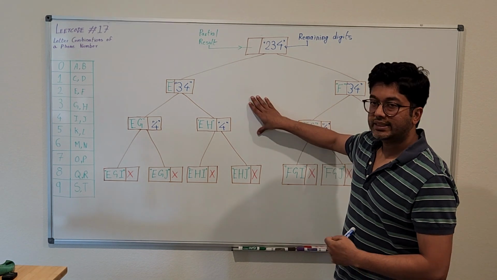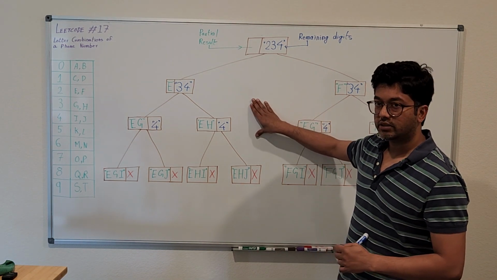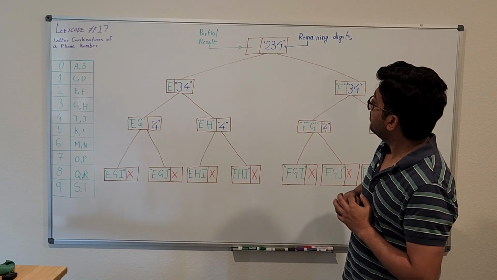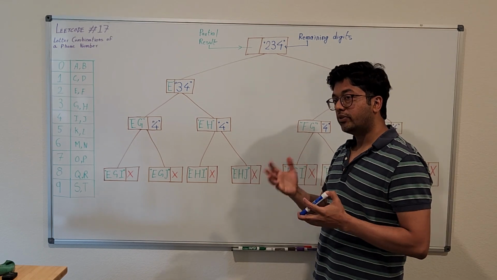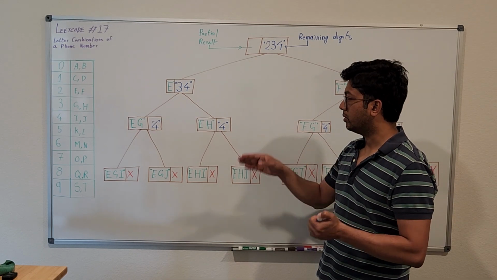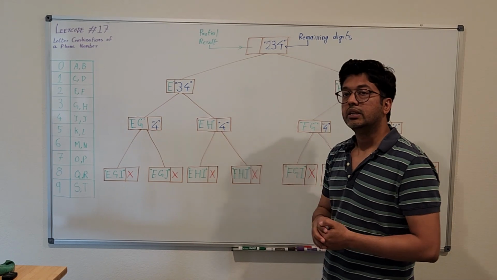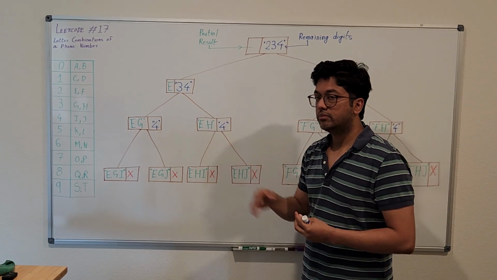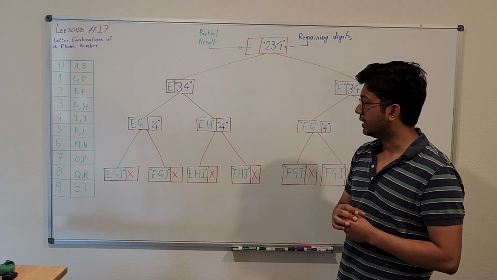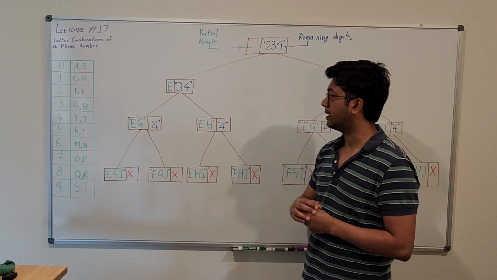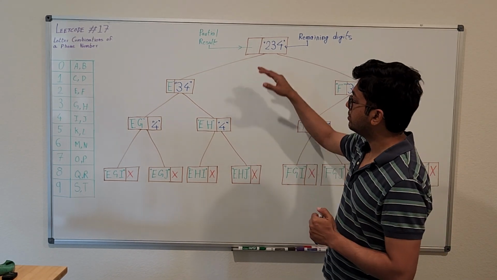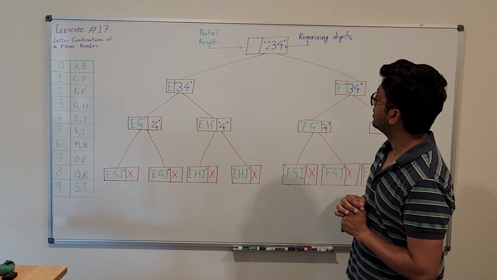So this is not exactly a backtracking problem, this is just a recursion problem. But it depends on your solution. If you do it in a different way, it could be a backtracking problem where every stack frame is playing around with the same numbers or same reference type, then that will be backtracking, like my previous examples. But in this one, it's not backtracking, it's just a recursive solution.